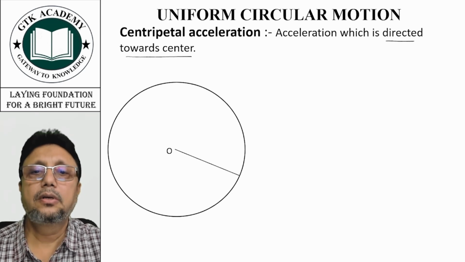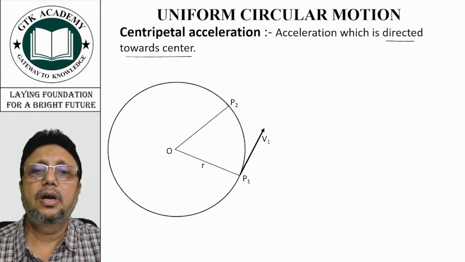Suppose any body is performing a circular motion in a circle of radius r, and its position is P1 here with a velocity v1, and after some time the position changes to P2 and the velocity is v2 there. Now v1 and v2 are equal in magnitude.